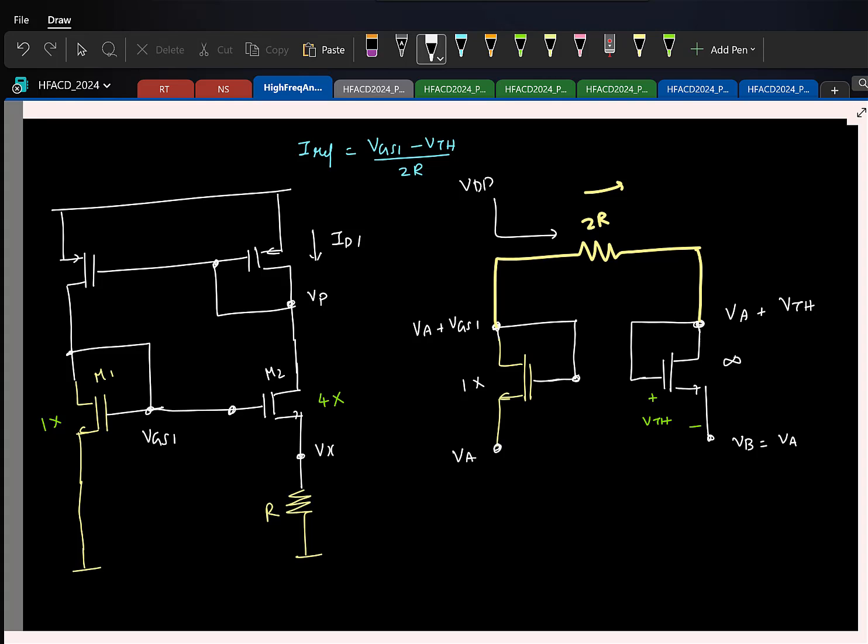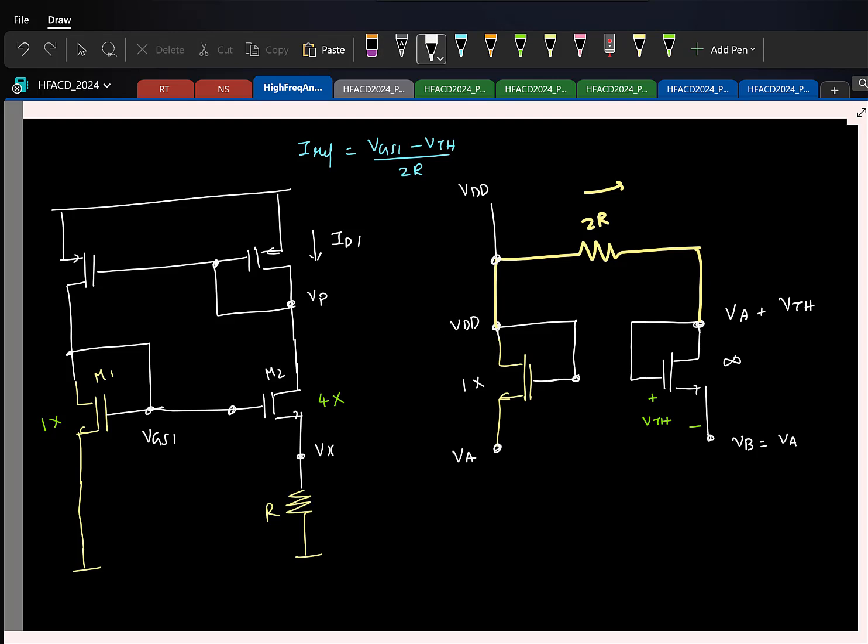One simple thing. I'm saying this is the only path for the current to flow, right? So the simpler thing is I connect this to VDD. Let's see. So what will happen now?